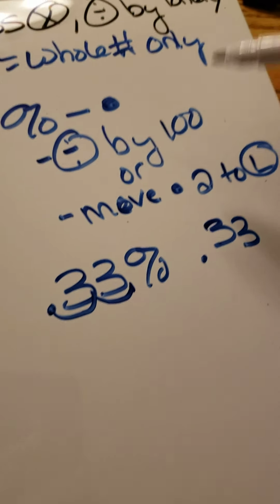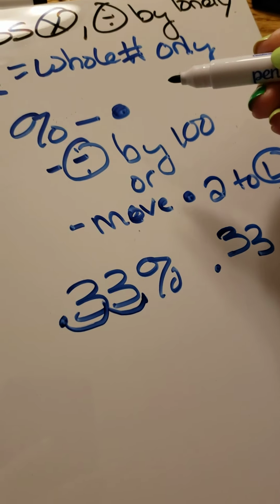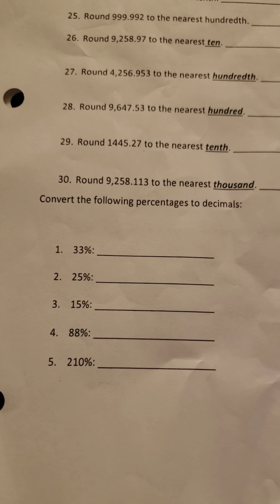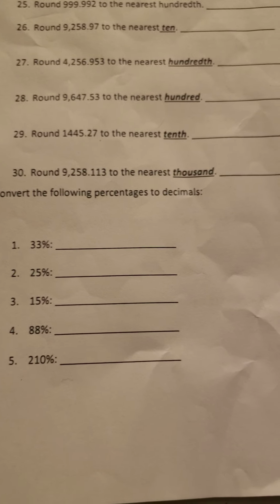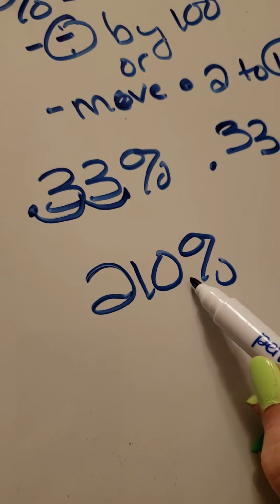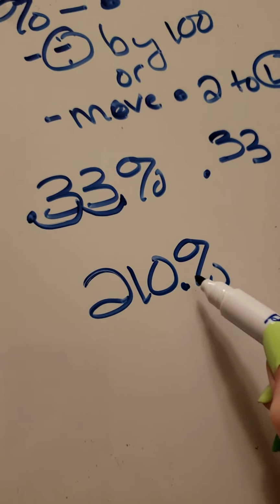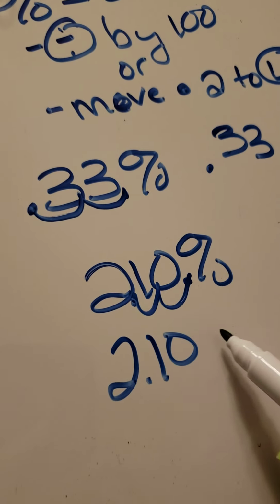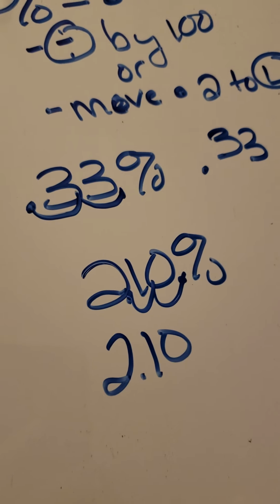These rules will never change no matter how many numbers are in it. So if I look at number 5, which is 210%, okay, technically my decimal will be at the end right there, 1, 2. Doesn't change the rules.